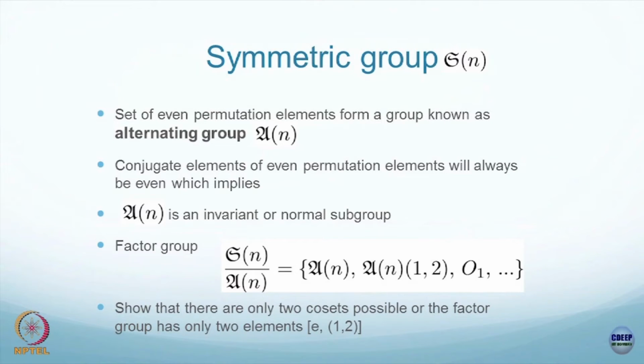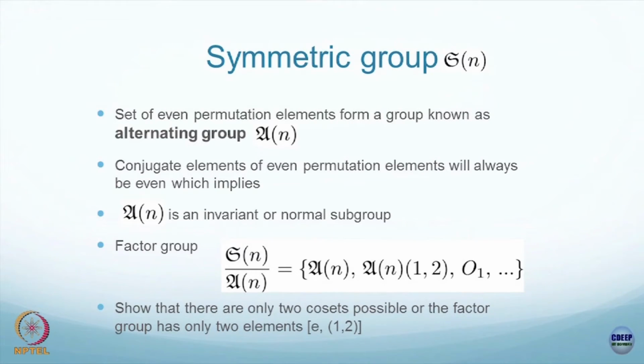But what is interesting is that 1-2 transposition is good enough to generate all the odd permutation elements. Okay. You do not need additional cosets, you will not need it. You will see that whatever you find will be already there in the 1-2 transposition multiplying the alternating group.